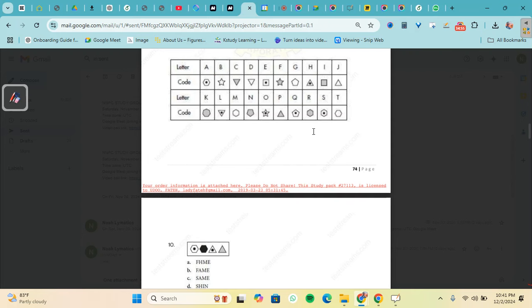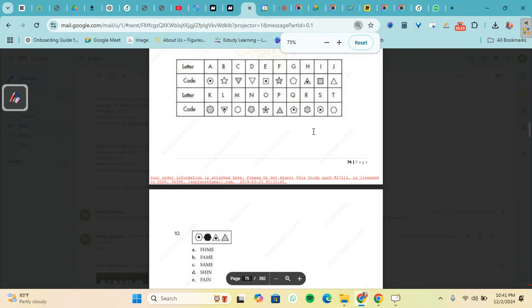So we have three different sections that are fixed now: general knowledge, quantitative reasoning, and verbal reasoning.